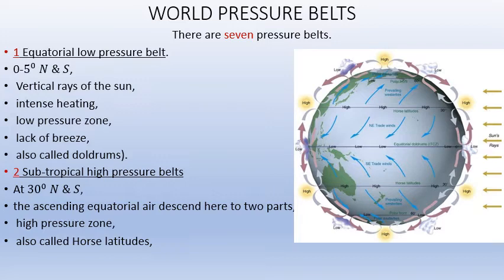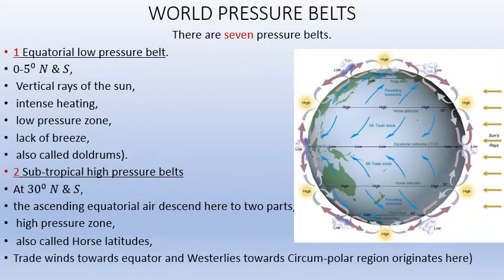So if there were horses or any animals inside the ship, they would literally throw those animals into the ocean to survive such powerful winds. These are situations that happened in the past, and that is why it has received the name horse latitudes.